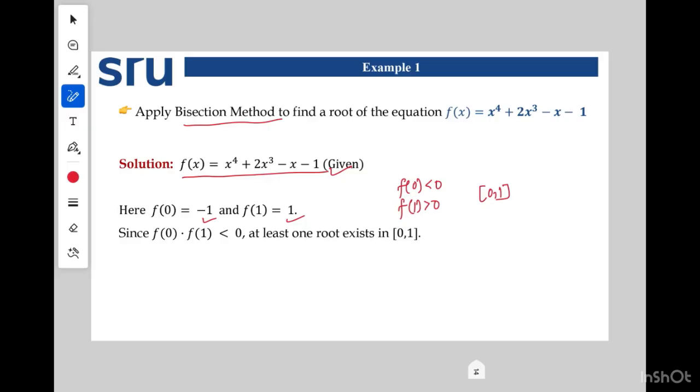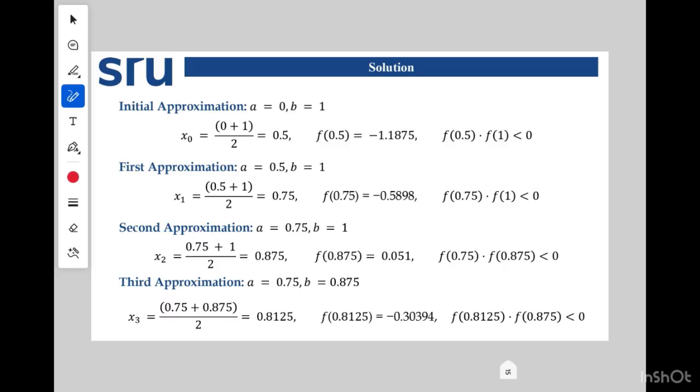Now for the initial approximation, x naught equal to a plus b divided by 2, meaning 0 plus 1 divided by 2, which is equal to 0.5.